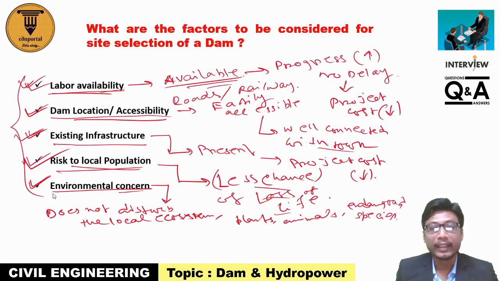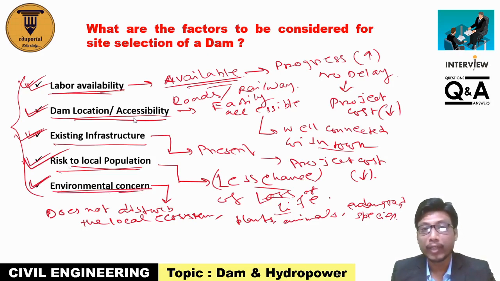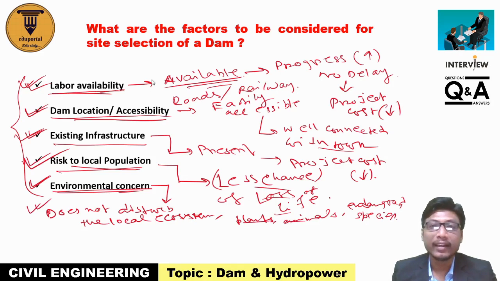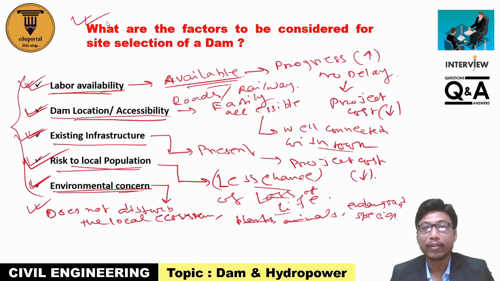And the final thing is environmental concern: we make sure that it doesn't disturb the local ecosystem, the plants and animals and their habitats, and the endangered species. Okay, so these are the important factors one should consider when selecting the site for dam construction.